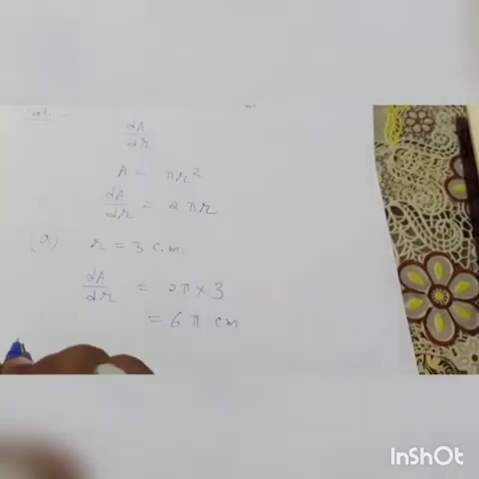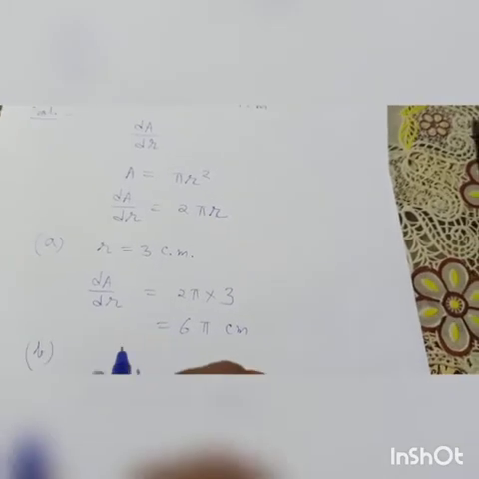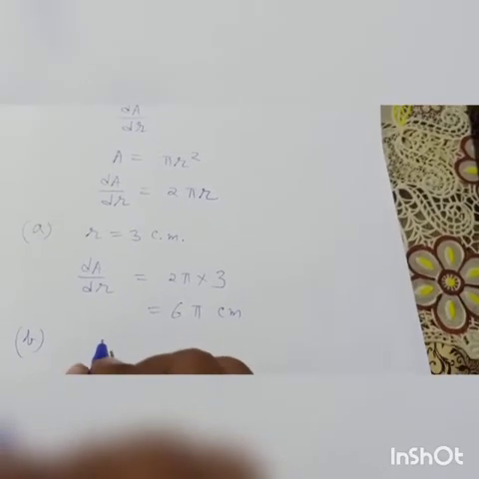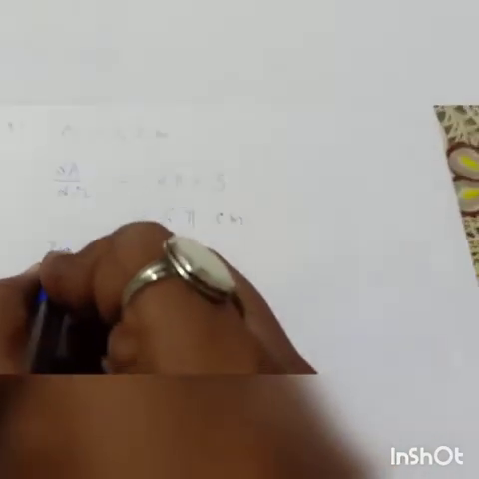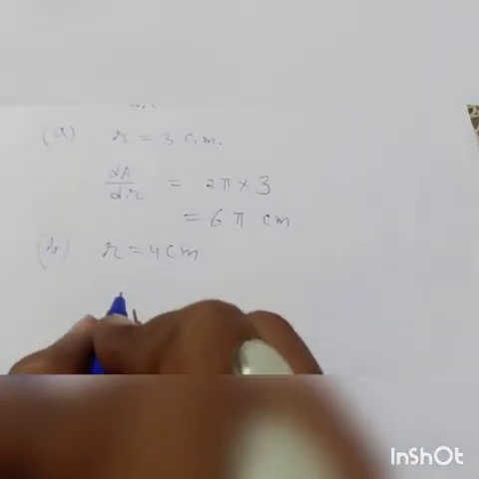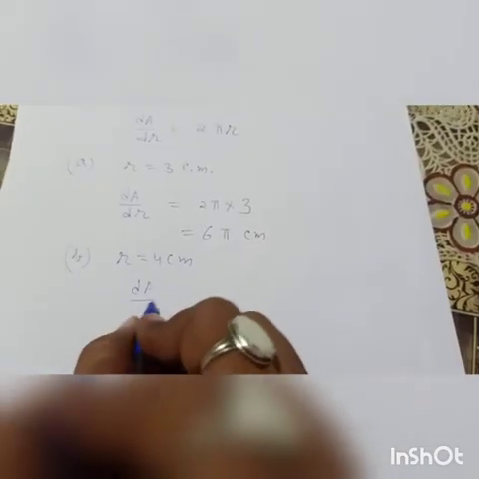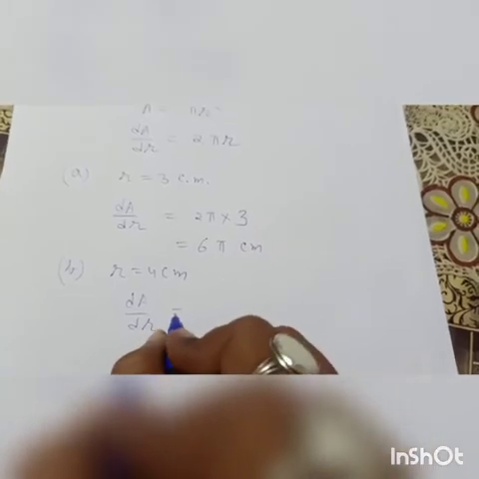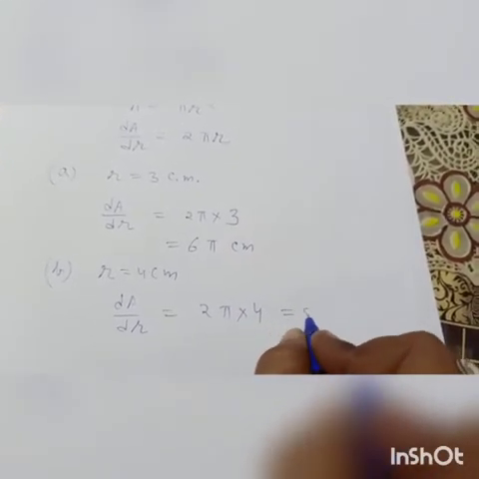And in part B, r is given as 4 centimeter. In part B we will write r equals 4 centimeter and find the value of dA upon dr. So dA upon dr equals 2 pi into 4, that is 8 pi centimeter.